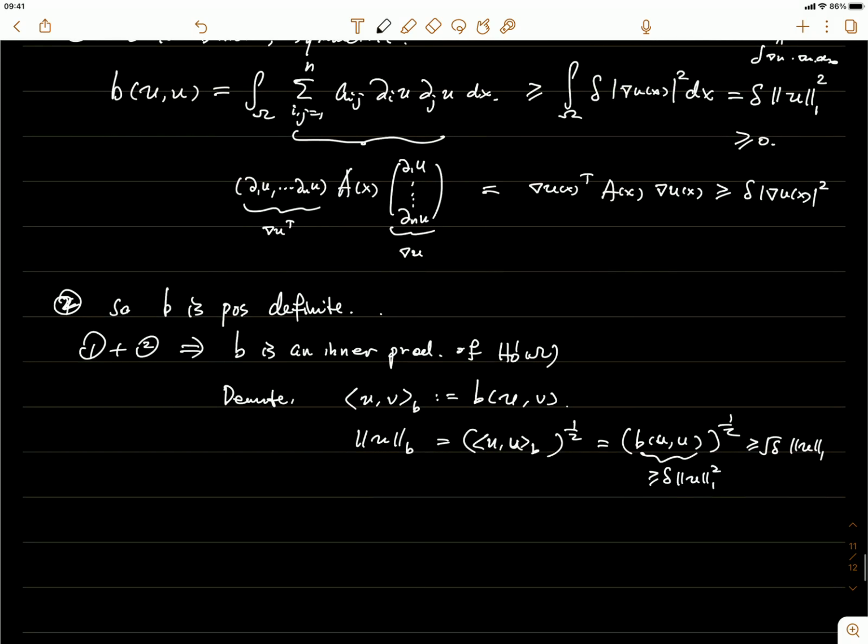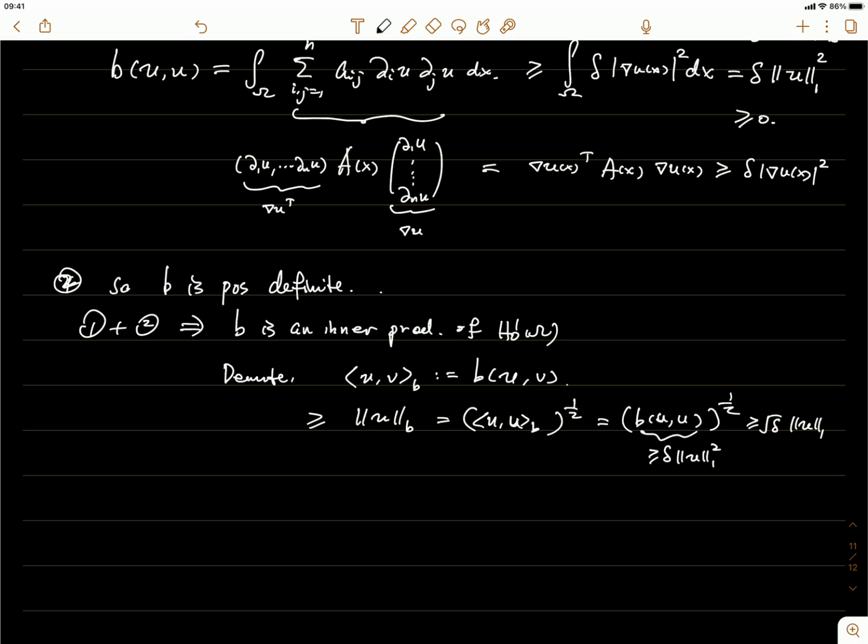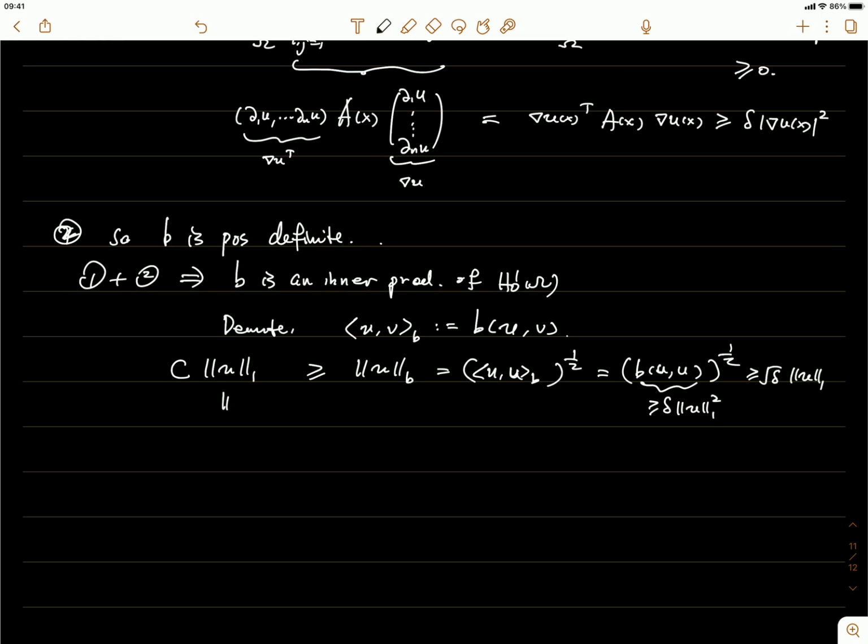Then it is easy to show that this is also bounded above by some constant times the u 1 norm. The reason is, when we look at the sum over i, j of a_ij d_i u d_j u, this is B(u,u).